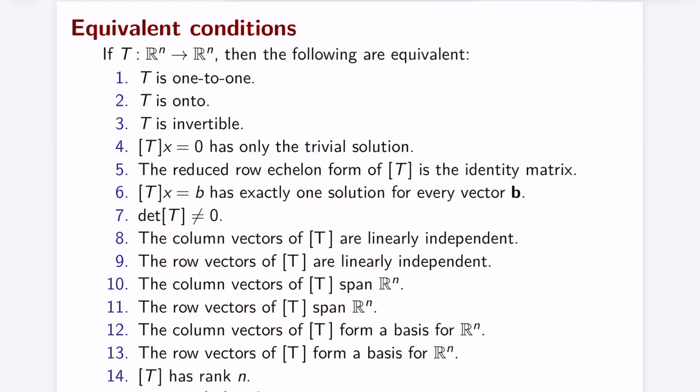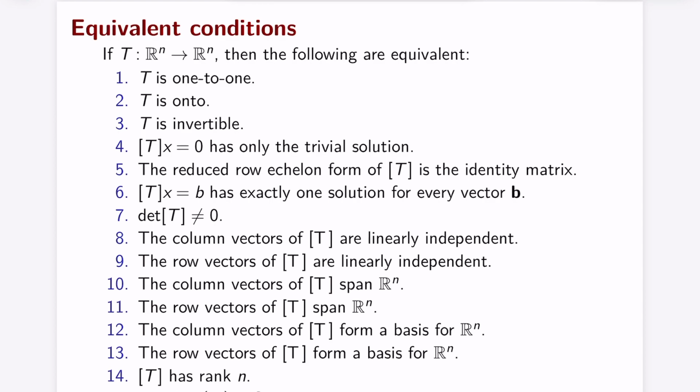In the particular case when the transformation is from Rn to itself, this condition gives some extra equivalent ones. If the transformation is from Rn to Rn and it's injective, it's necessarily surjective. Being injective is equivalent to being surjective and equivalent to being invertible. There are many other things that I would encourage you to think about one by one, why they hold.